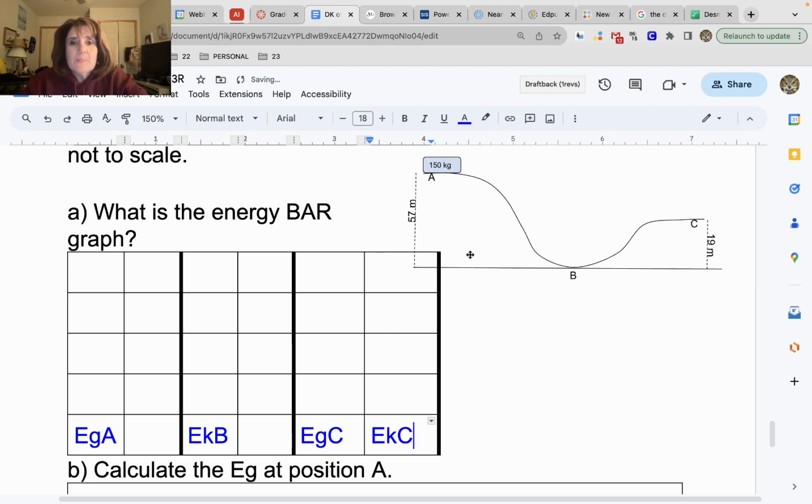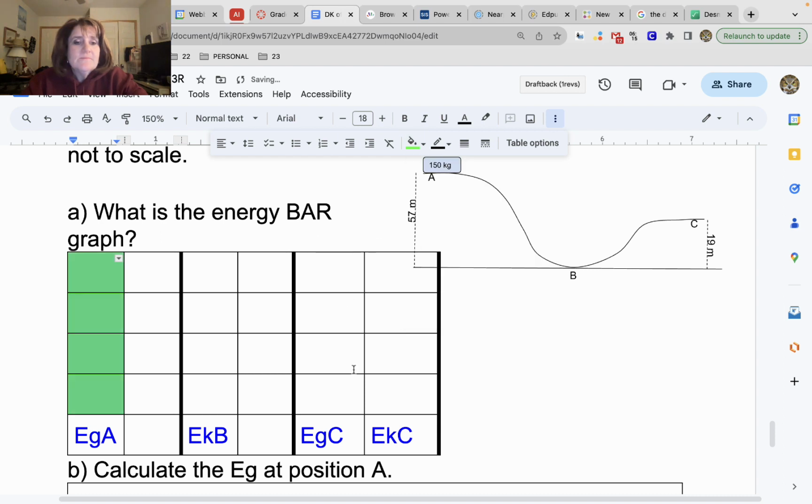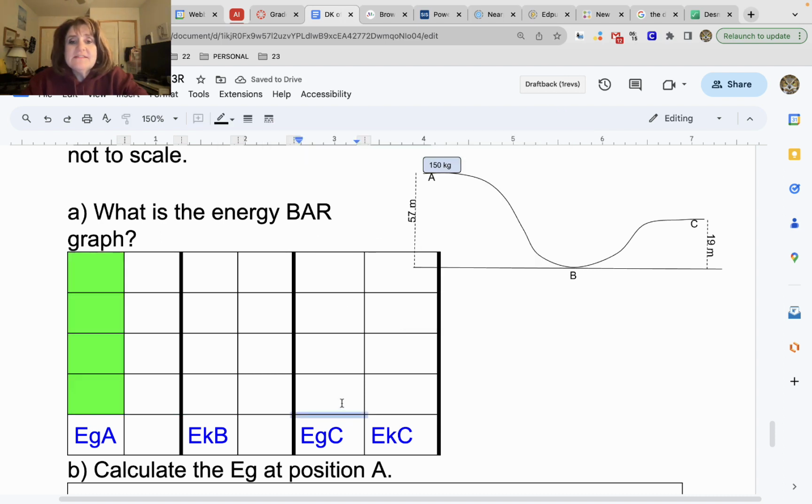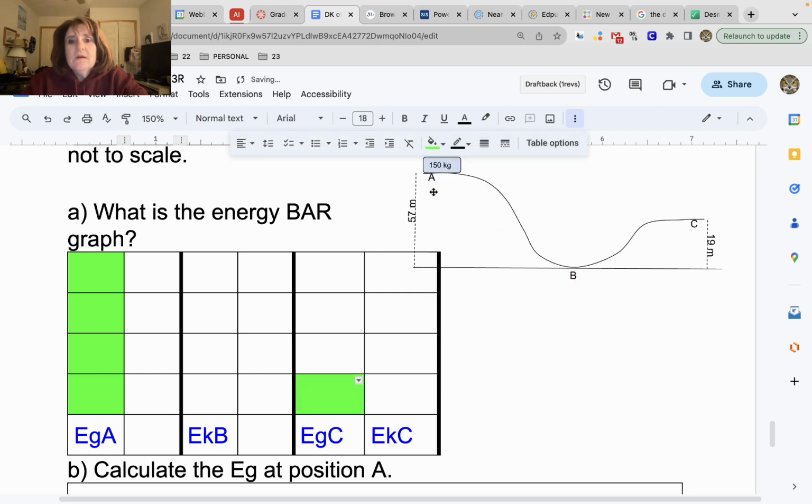Okay. So shading these in, EG at A, and again, you need the little paint bucket. And EG at C, maybe I only want one down here. You could have two, but it's not exactly halfway down. So when I portion things out, I want to make sure that I'm accurate enough with my portions.